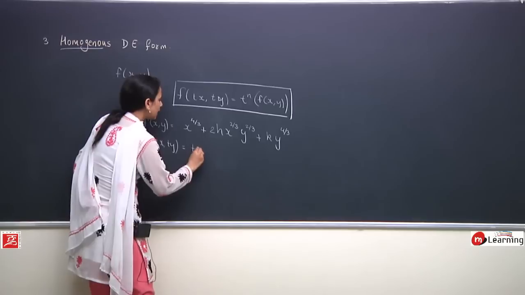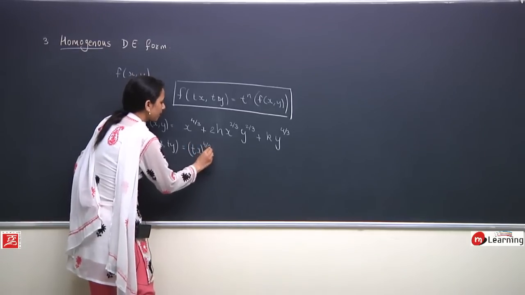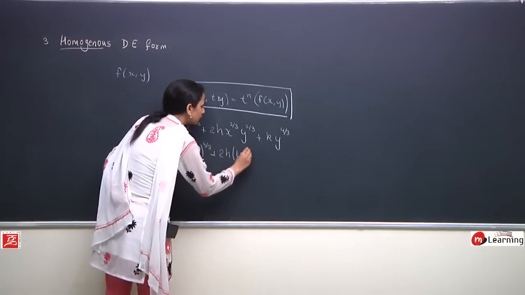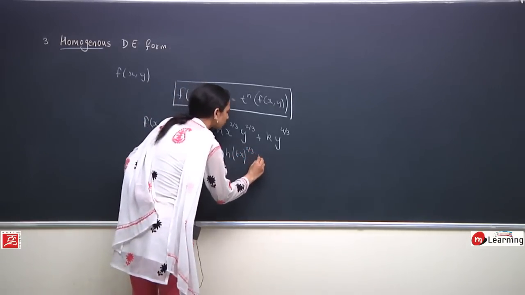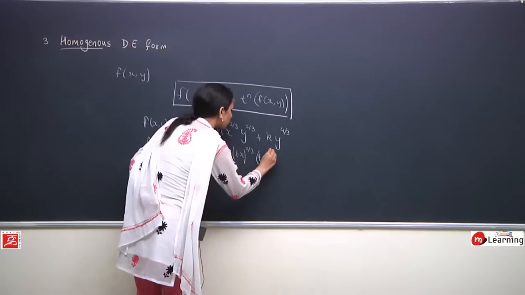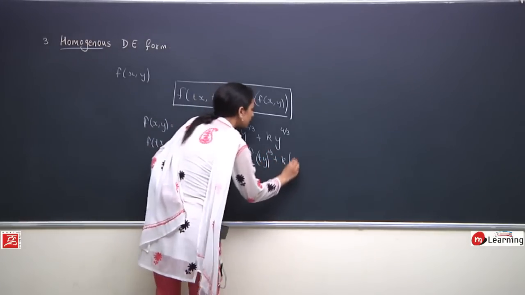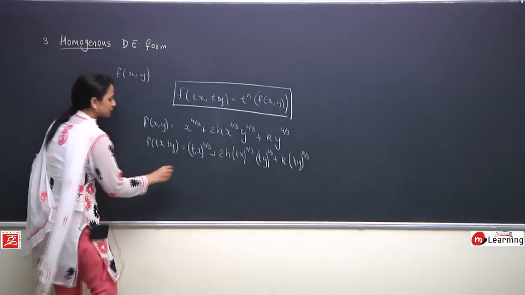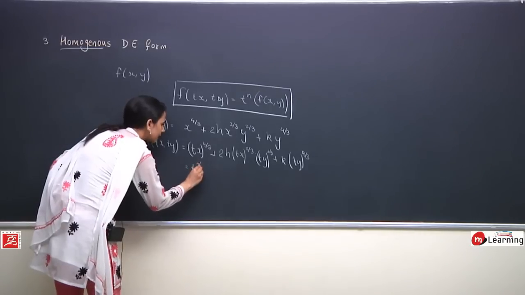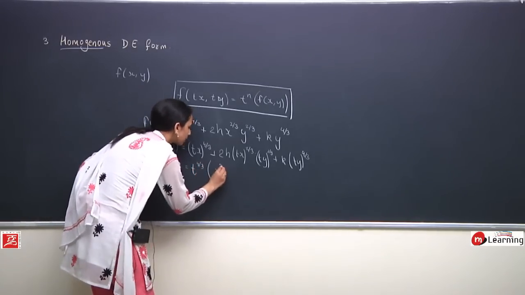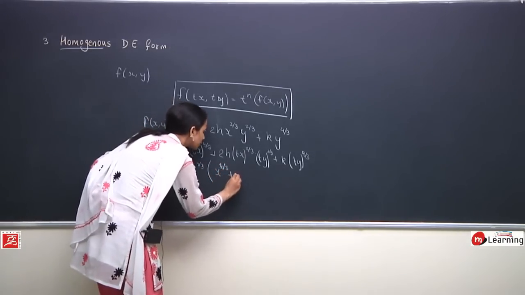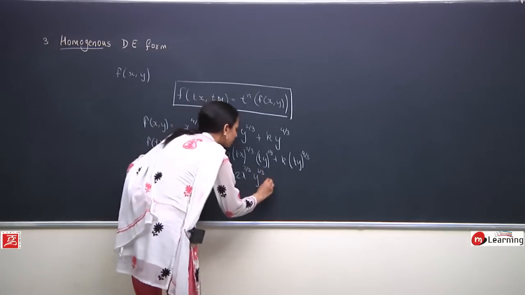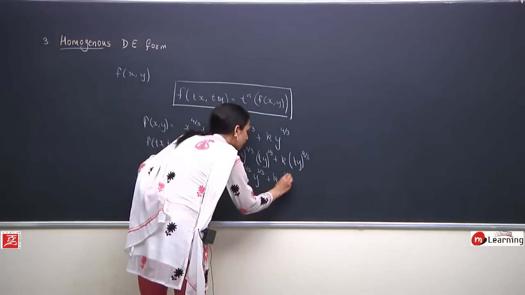It would be tx to the power 4 by 3 plus 2h tx to the power 2 by 3 ty to the power 2 by 3 plus k ty to the power 4 by 3. Can I write this as t to the power 4 by 3 into x to the power 4 by 3 plus 2h x to the power 2 by 3 y to the power 2 by 3 plus k y to the power 4 by 3?